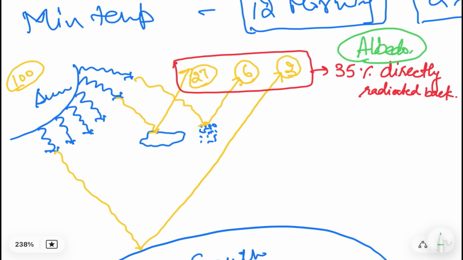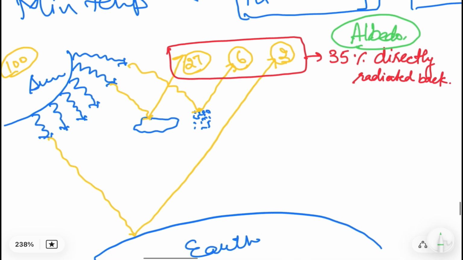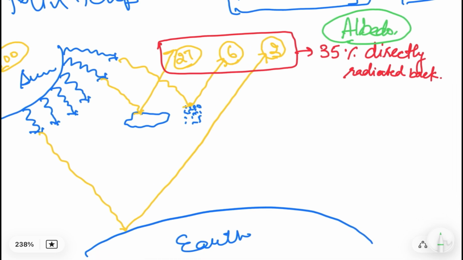Thus the 35% of the radiation neither heats the atmosphere nor the earth's surface. So this 35% of the incoming solar radiation will heat neither the atmosphere nor the surface of the earth. So the remaining 65% gets absorbed in different portions.